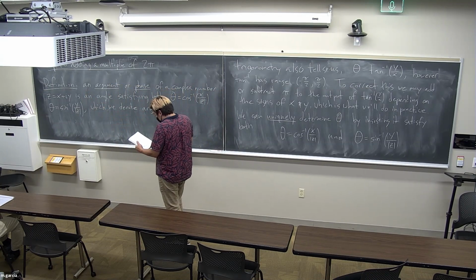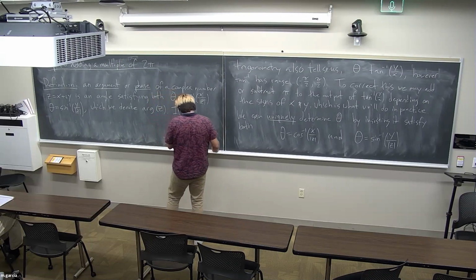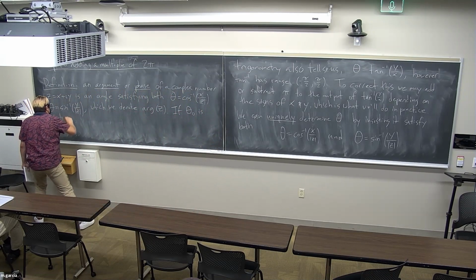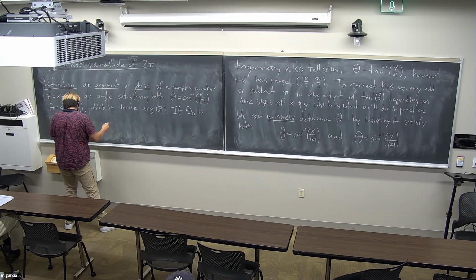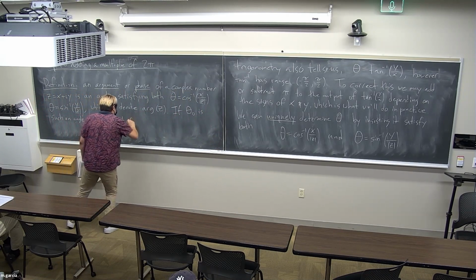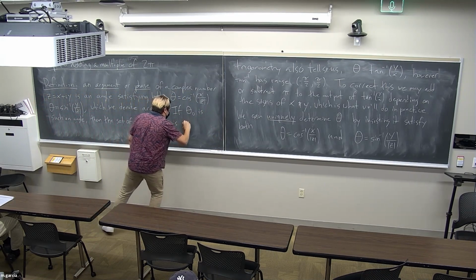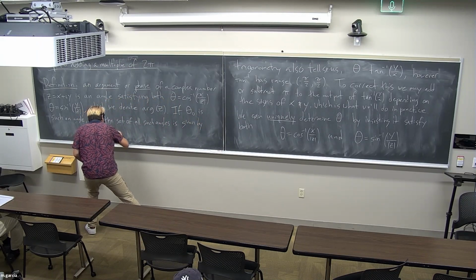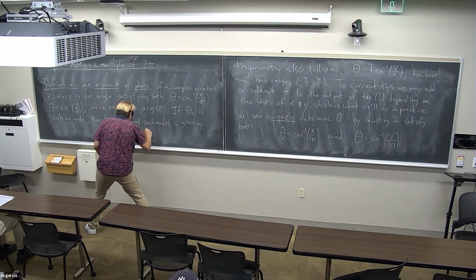That is to say, if theta naught is such an angle, then the set of all such angles is given by theta naught plus 2k times pi, where k is any integer.